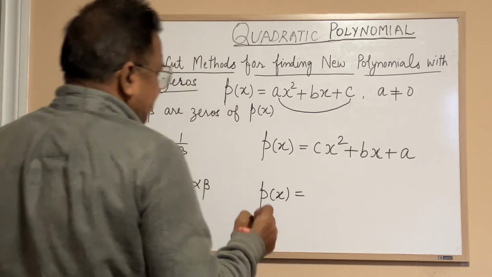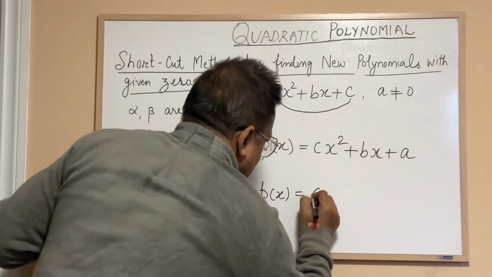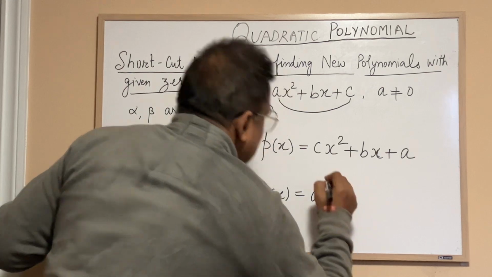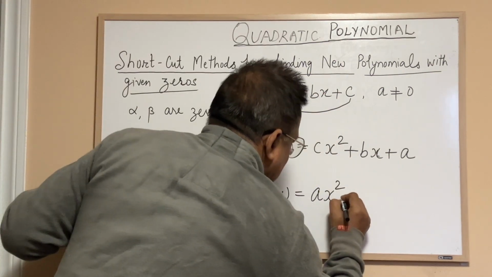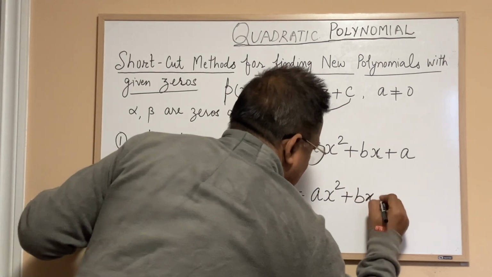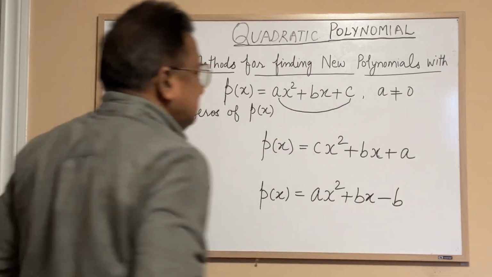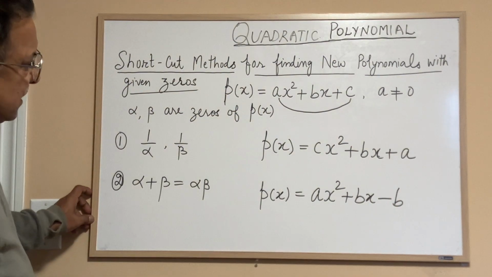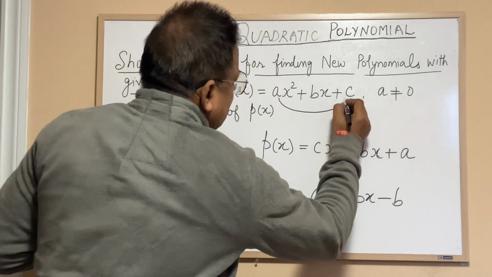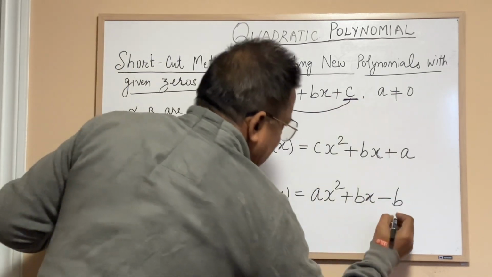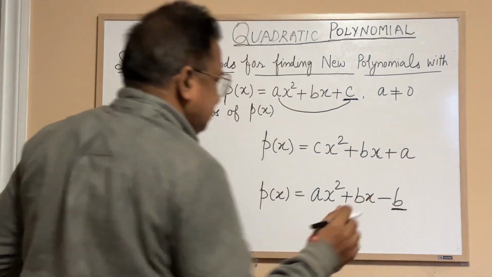It will be ax square plus bx minus b. In this case, just replace c by minus b.